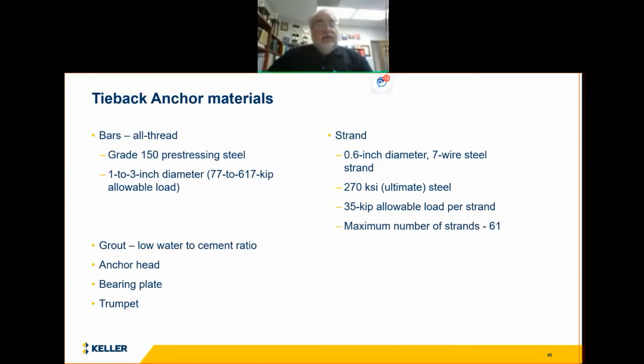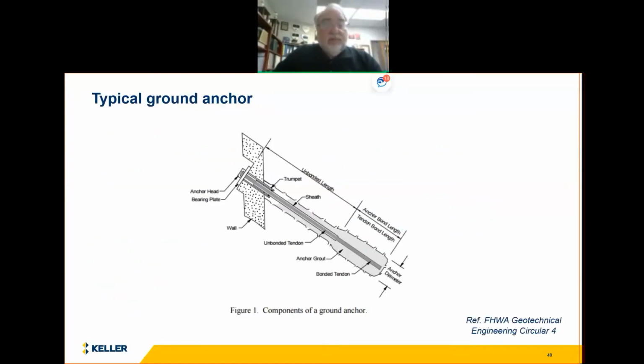The grout that's used to secure these tieback anchors into the ground is a cement grout with a very low water cement ratio of 0.45. And then there's an anchor head, bearing plate, and a trumpet, which is a pipe that helps us with protection.